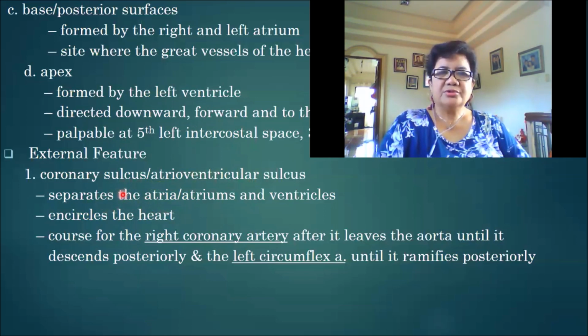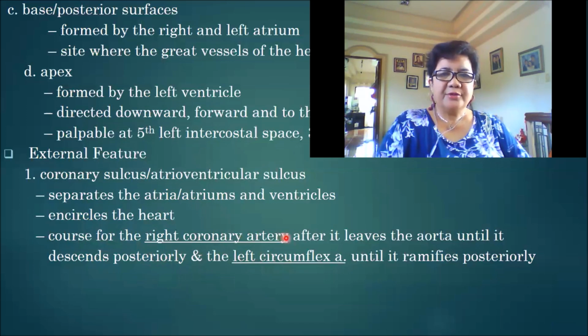Now this sulcus will go around the heart. And this sulcus is an important depression because this will be the course for the right coronary artery after it leaves the aorta until it descends posteriorly. So your right coronary artery will go posterior.